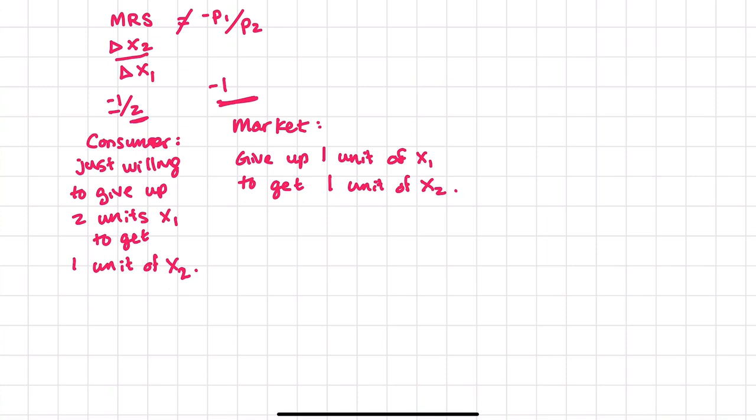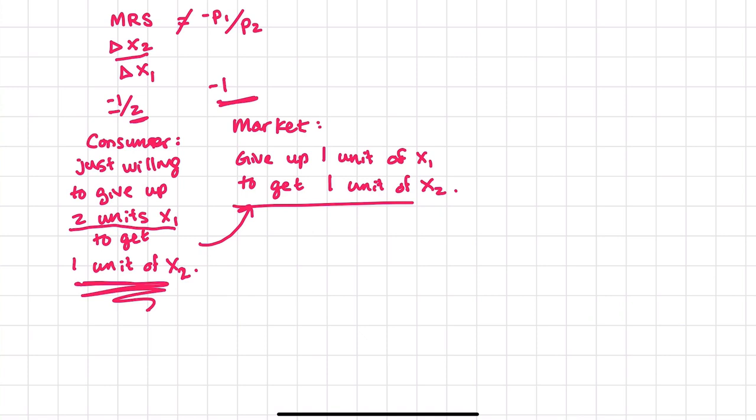And so you can see here, will this consumer go to the market to sell their x1 to get x2? Absolutely. The consumer is willing to give 2 units of x1 to get a unit of x2, but they don't even have to give up 2 units. They can just give up 1 unit. So they can get their unit of x2 that they want at a cheaper price than what they're willing to pay. And so they gain from this market exchange.